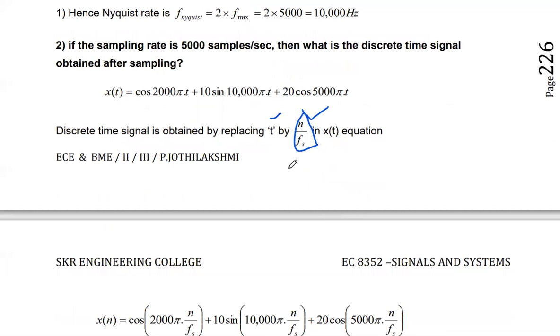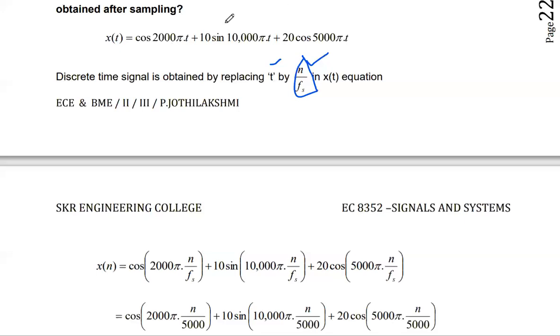Where fs is nothing but the sampling rate. Here in the second question, the sampling rate is 5000 samples per second, so fs is 5000. In the x of t equation, if you replace t by n divided by fs, that is x of n, the discrete time signal.